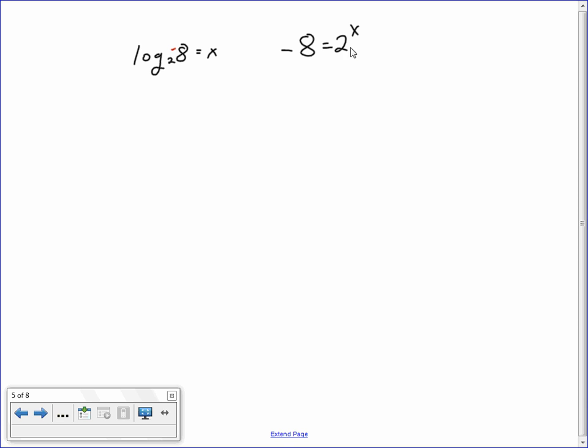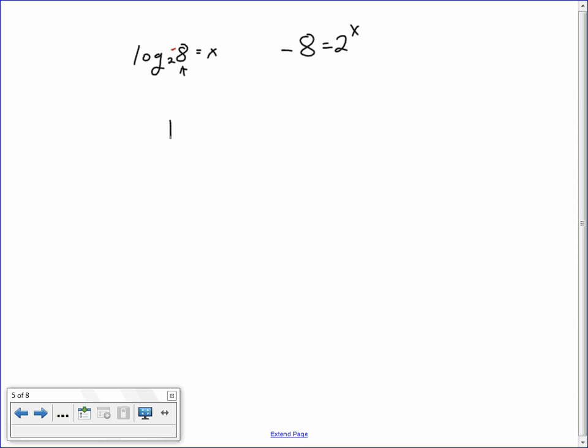Now there's no power of 2 that we can take and get a negative answer. If you go positive, it just gets larger: 2, 4, 8, 16, 32. If that power is negative, it gets into a smaller fraction: 1/2, 1/4, 1/8, 1/16. And of course, if x is 0, then that's 1. So there exists no solution for this one. So this thing right there can never be negative.